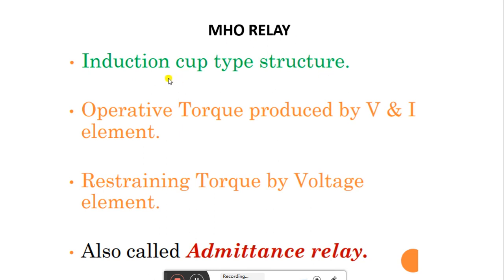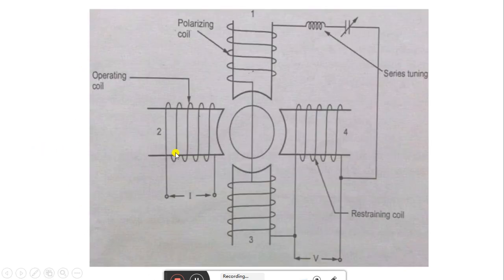In this case also the operating torque is produced by the voltage and current element. However, the restraining torque is produced by the voltage element, and this relay is also called the admittance relay. We will see the structure of this relay, that is, the circuit diagram.